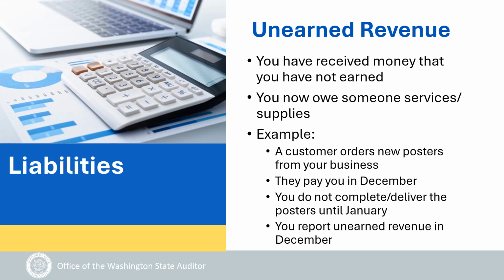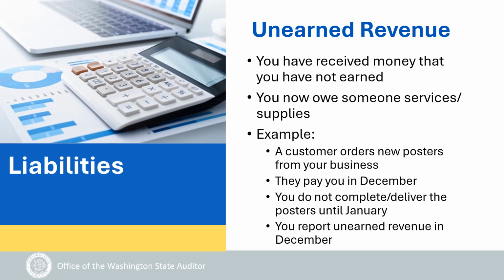The final liability we'll talk about is unearned revenue. This is when you receive a payment, but you haven't earned it yet. You now owe someone services or supplies, and since you owe someone something, you have a liability. Let's say you have a printing business and a customer orders some posters.